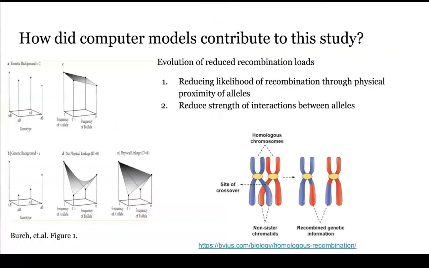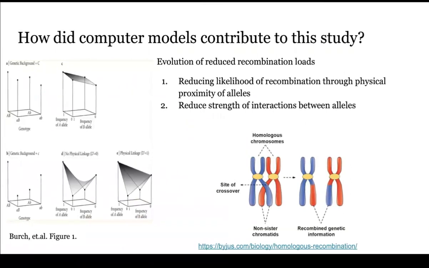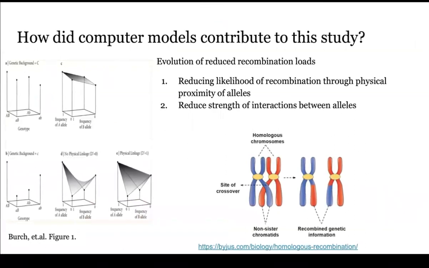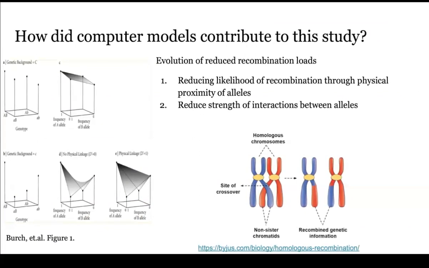So how did computer models contribute to the study? Graphs like the fitness landscape were generated by computers based on what the researchers told the computers to generate. In this study, the researchers took four genotypes, AB, capital A lowercase b, lowercase a capital B, and lowercase a lowercase b, and put them on a fitness landscape. The AB genotype represents the most fit individual, while the lowercase ab genotype represents the least fit individual.